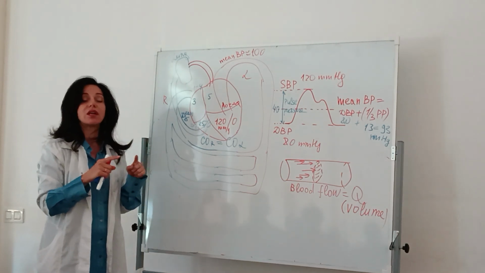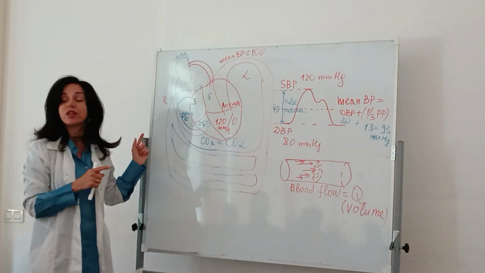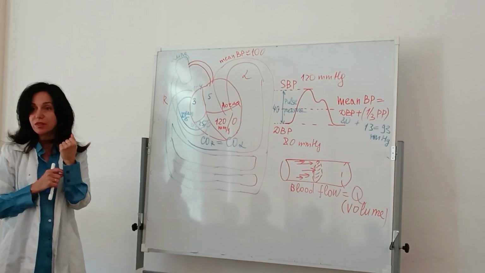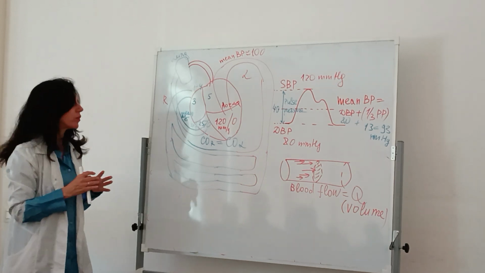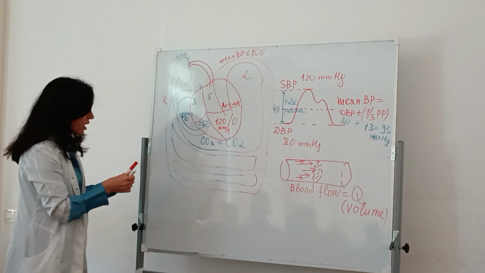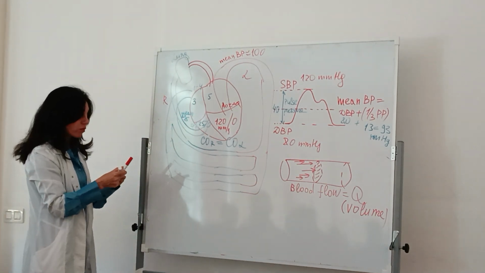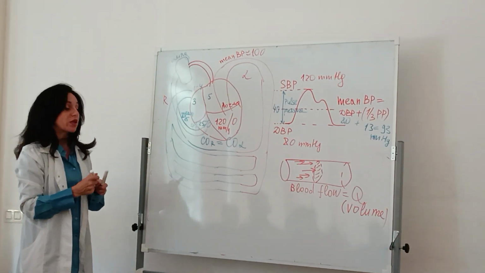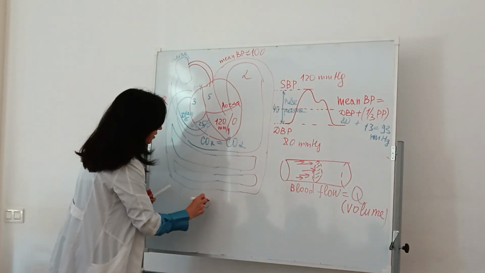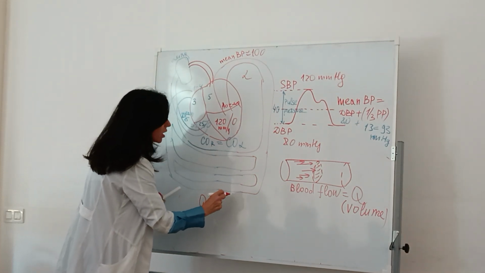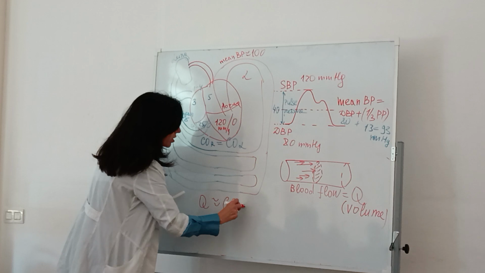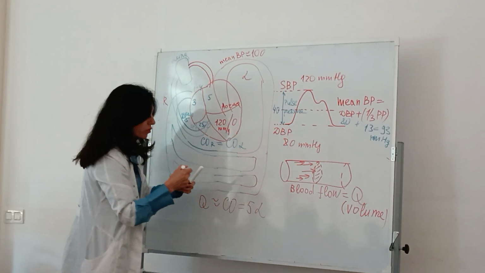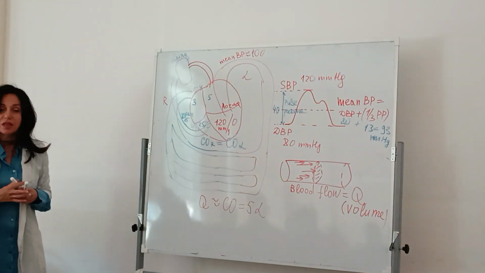I mean here the whole circulatory system, not one blood vessel. So total blood flow in all blood vessels is equal to cardiac output, about 5 liters at rest.